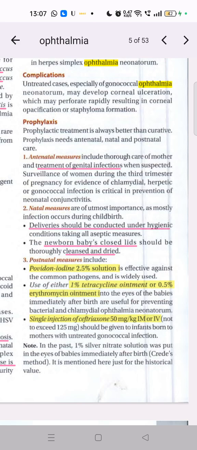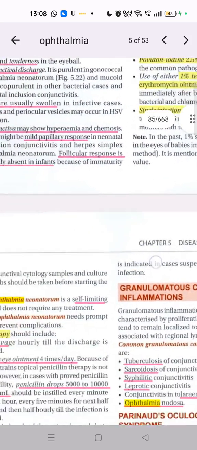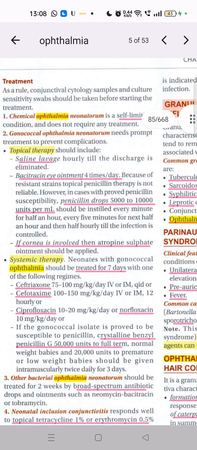Then postnatal measures: povidone iodine 2.5% solution is used, and we can also use tetracycline or erythromycin ointment. And if the mother had gonococcal infection, a single injection of ceftriaxone IM or IV is given to infants.